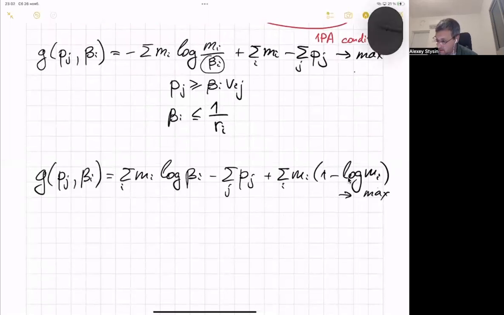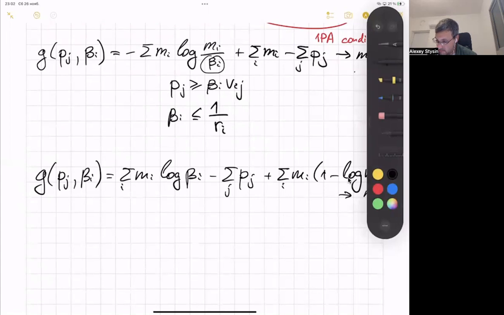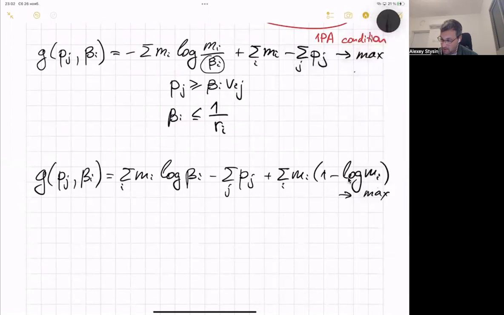So we can flip the signs to make a minimization. So this is going to be, okay, I will write more carefully here.